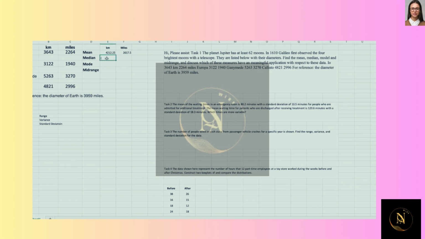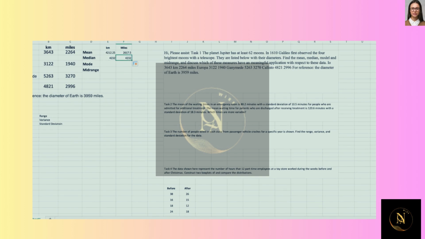I'm going to add them together, 3,643 added to 4,821, and then divide that by 2, and my median is 4,232.